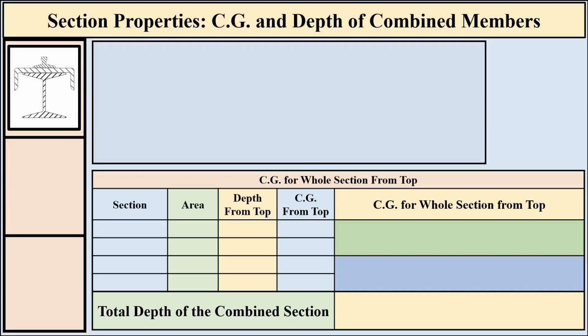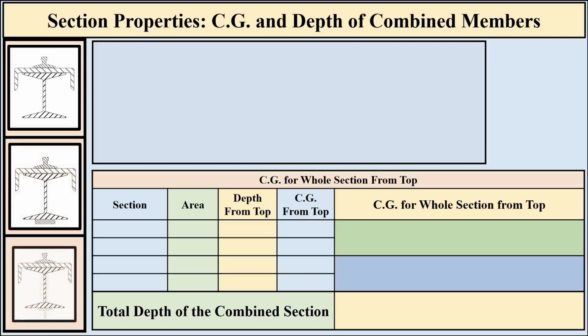To provide lateral stiffness against crane surge, we add a channel section, such as an ISMC, to the top flange. Depending on the load requirements, we may also include a bottom plate or an ISMT section to balance the properties.